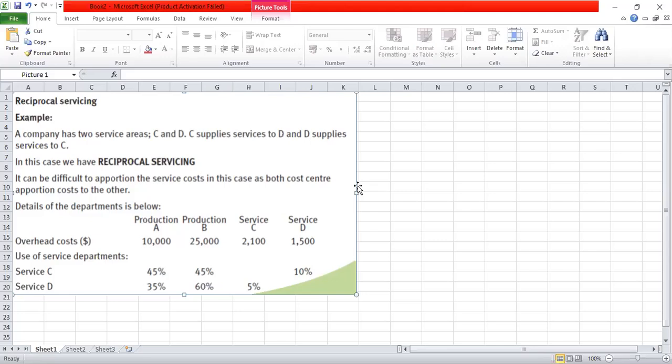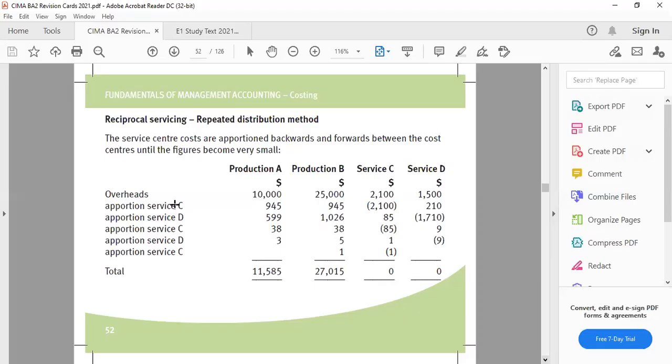So we are asked to find out how do we charge these costs by the reciprocal service method. See, there are various methods which are used for charging the service department cost. So I'm putting it here. The first method is under reciprocal service method.